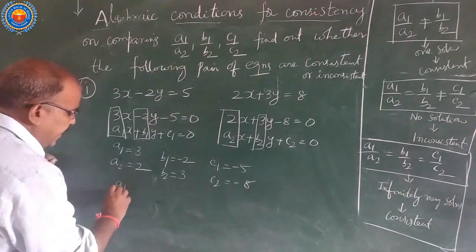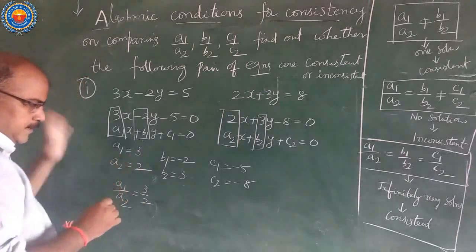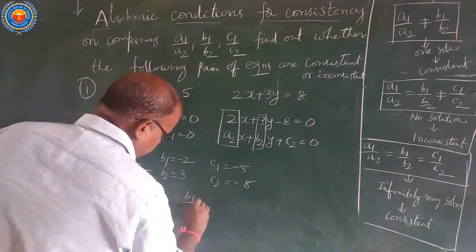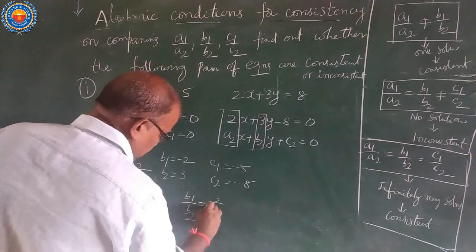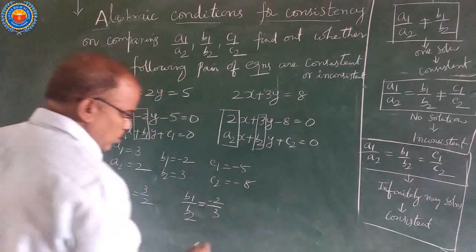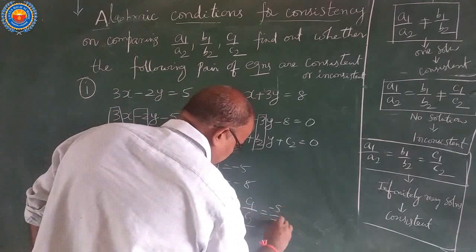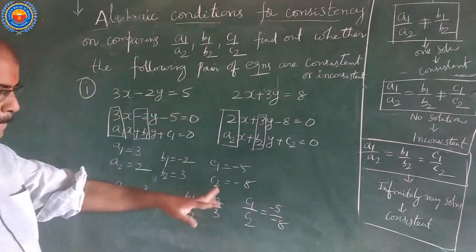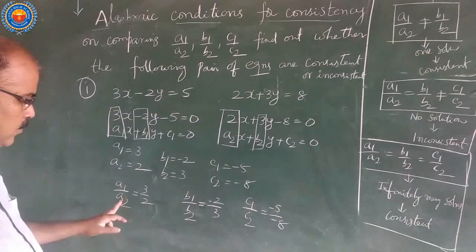First, A1/A2 is 3/2. B1/B2 is -2/3. C1/C2 is -5/-8, but forget about C1/C2 for now.